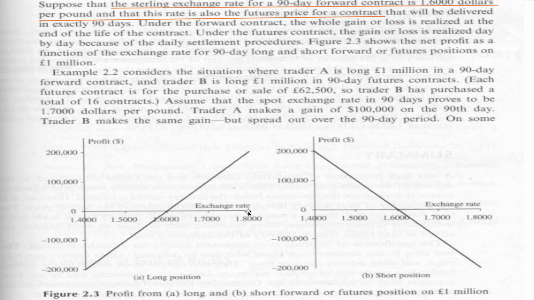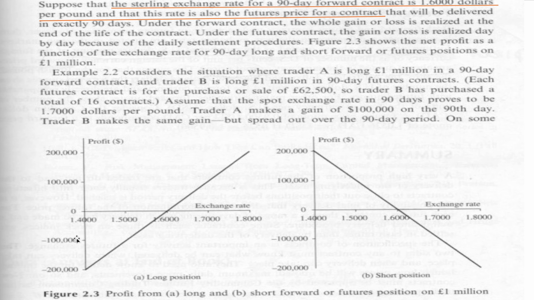The horizontal line is the exchange rate S subscript T, capital T, which means at the maturity date. If the exercise price or the future price, forward price here, is exactly 1.6, what is your payoff? 0. What if it is 1.7? 0.1. Now, what if it is 1.5? Here is your loss.